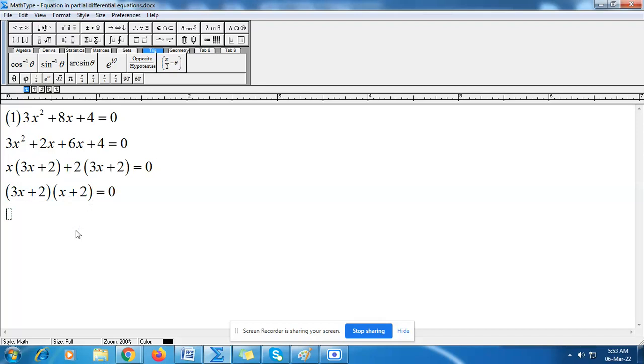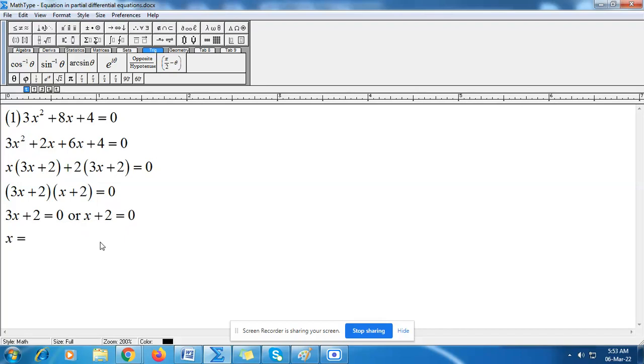Then 3x plus 2 equal to 0 or x plus 2 equal to 0.